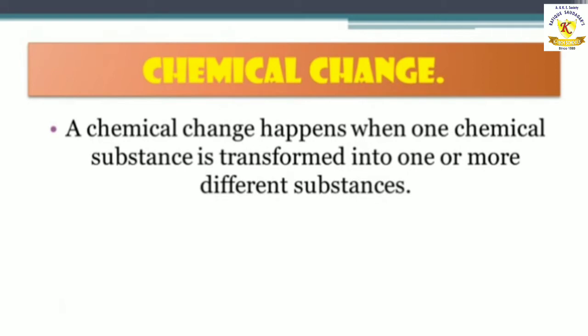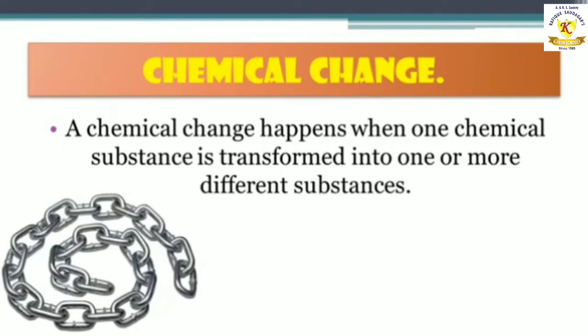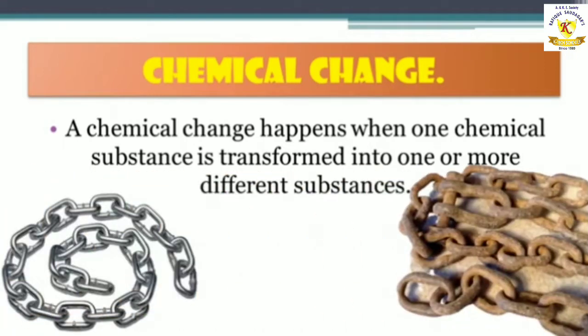A chemical change happens when one chemical substance is transformed into one or more different substances. It is known as chemical change. So if there is a chemical change, a substance will transform into another.